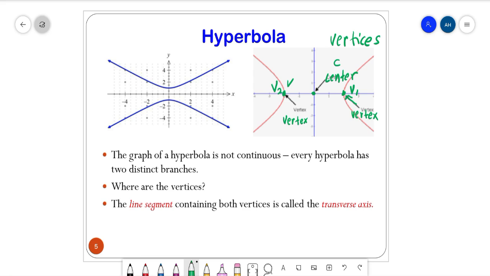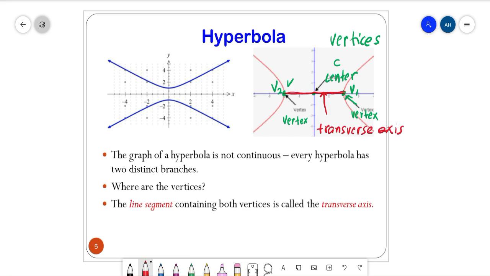Now, let me draw a line using red color. The line joining V1 and V2 passing through the center, this line that I'm drawing now, has a very important name. This line is called the transverse axis, like this.